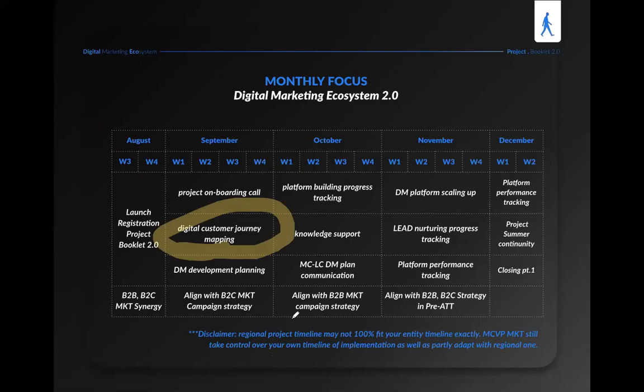So mainly the marketing MCB is the one that needs to understand how you're going to develop this platform, so that you can also support OGT or IGT at the same time if they are handling B2B. So you're going to work on the planning, and in October we're going to start building the platform, connecting the platform, tracking, and progress tracking.